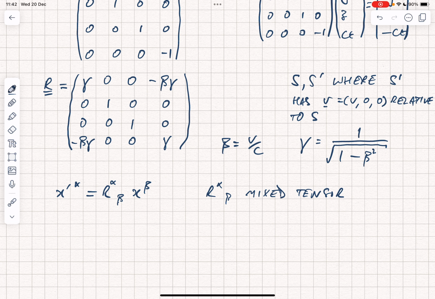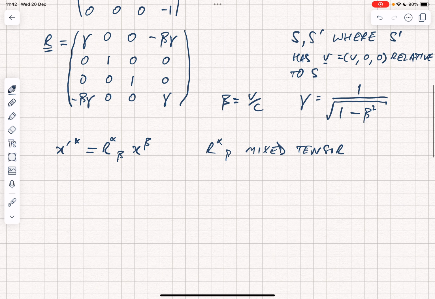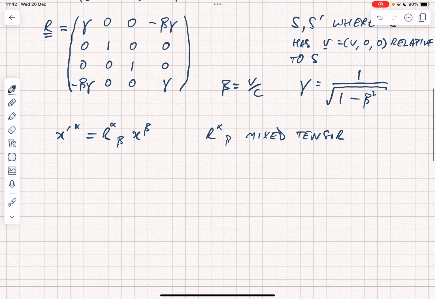So that tells us how to transform any 4 vector we choose. X is just an example, there are many other 4 vectors that transform between reference frames using the Lorentz transforms. Two important 4 vectors that we do have to think about. First of all is the differential. So what would happen if we looked at d by dx alpha? We actually write that as d subscript alpha. It's a covariant matrix.